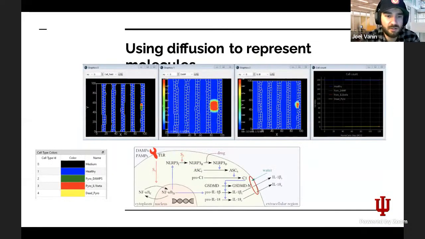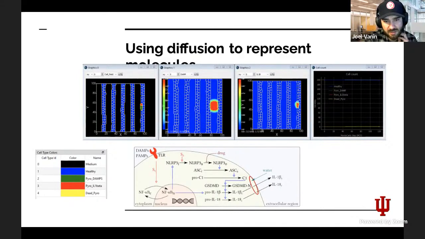From there, we start doing models, a representation in CompuCell that I'm about to show you, of how it works. The numbers are not correct. It's not calibrated yet. These inside functions are not tuned yet, but we can see some of the behaviors.